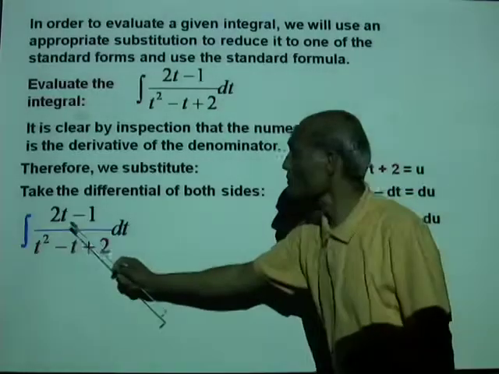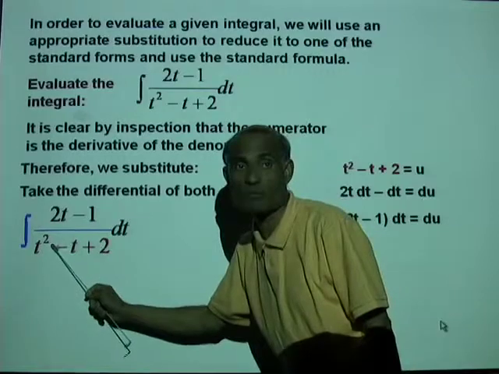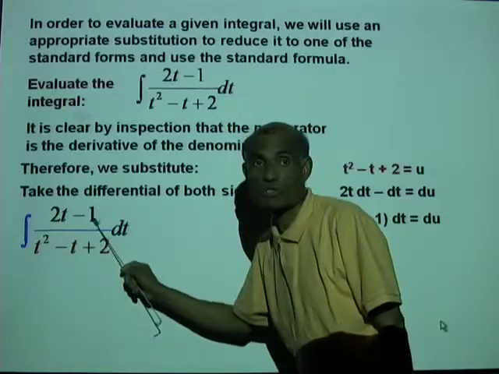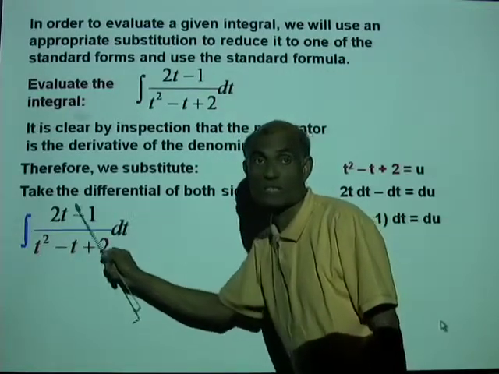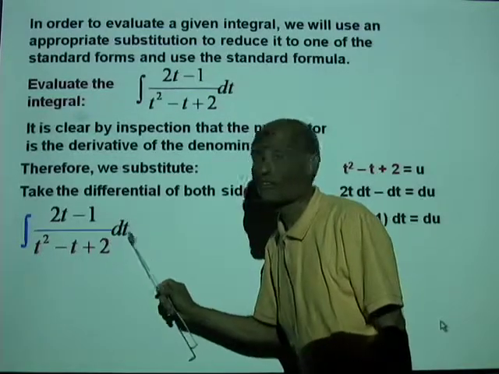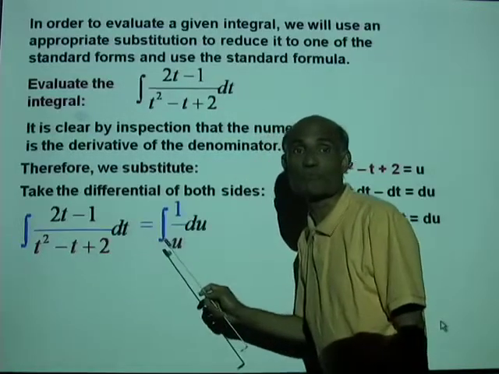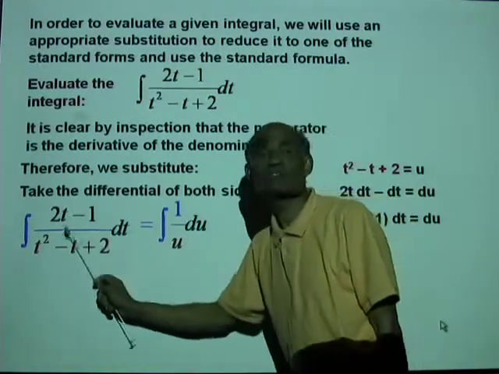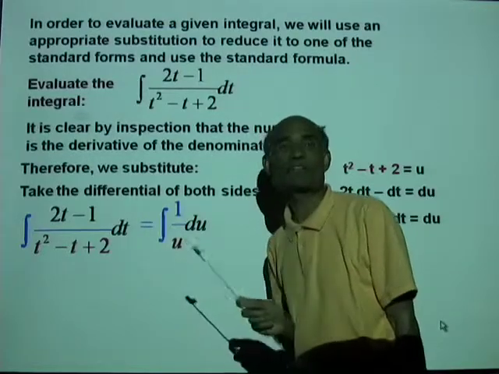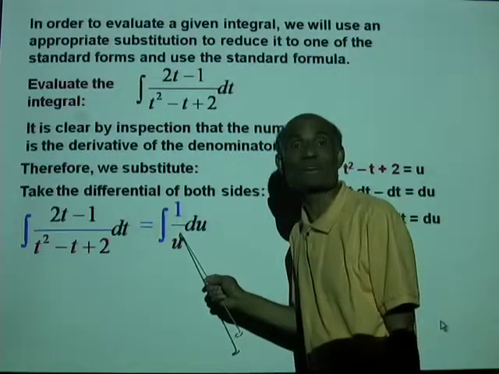So t squared minus t plus 2 becomes u, and (2t minus 1) dt becomes du. How do you write it? It will be 1 over u times du. There you are. Look at the simple form that the integral has been reduced to. This is a form we can integrate.